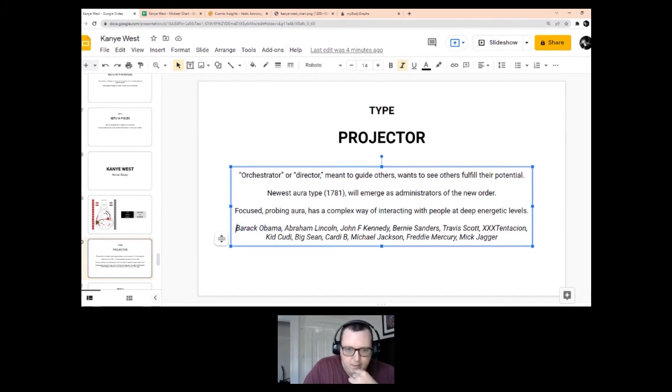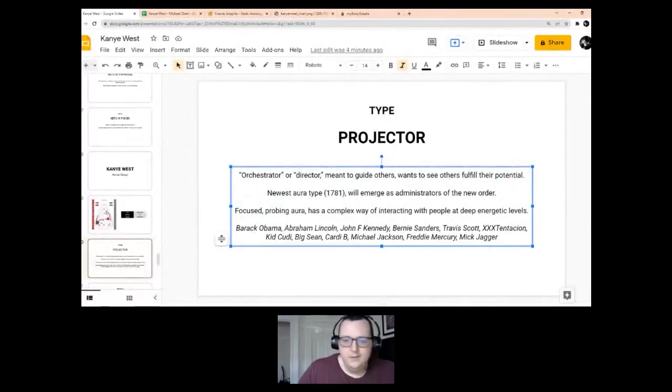So Barack Obama is a projector, Abraham Lincoln, John F. Kennedy, Bernie Sanders, Travis Scott, XXXTentacion, Kid Cudi, Big Sean, Cardi B, Michael Jackson, Freddie Mercury, and Mick Jagger.